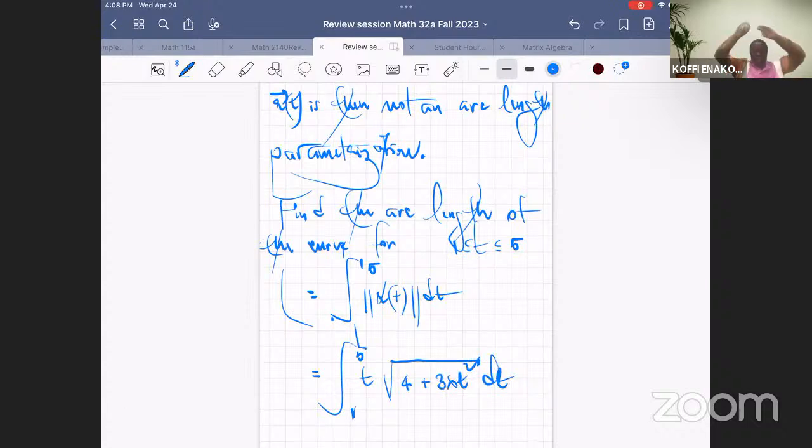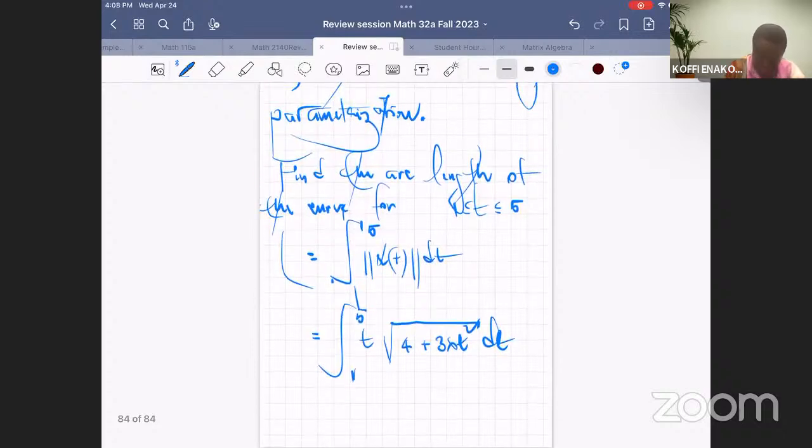Okay. So then I can take this integral on a one-on-one basis. So this means that I can do a u substitution here. Say u is the root of 4 plus 36 t squared.